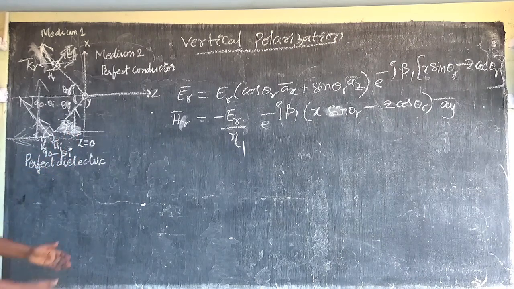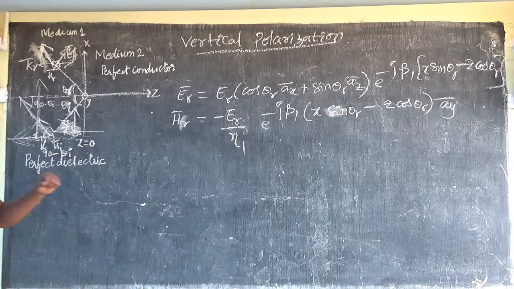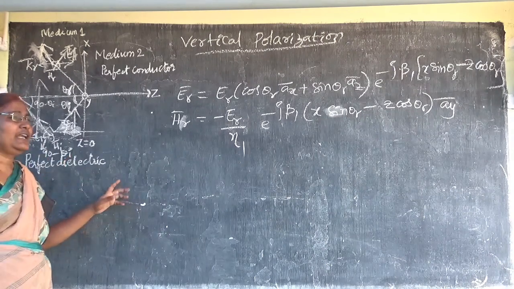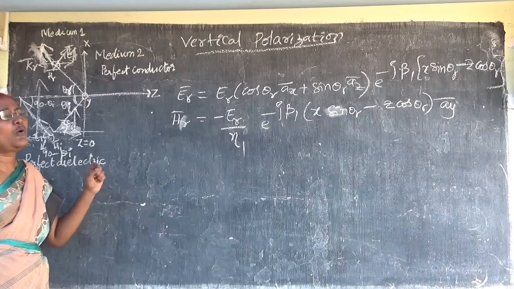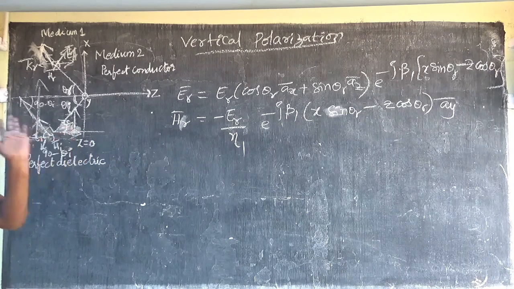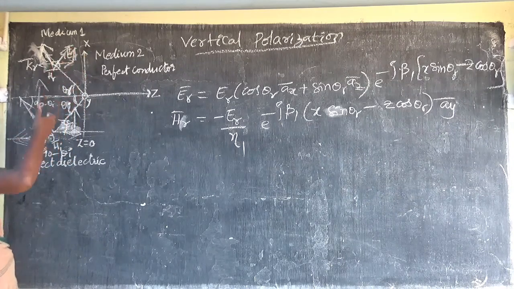Now we have to consider what these waves do at the boundary. Already we know that across the boundary only the horizontal tangential components will pass. So what is my tangential component here? At the boundary my tangential is x.